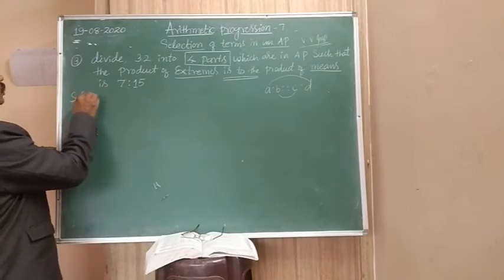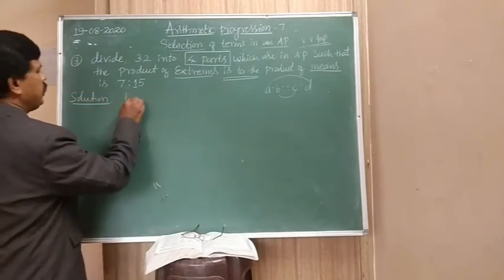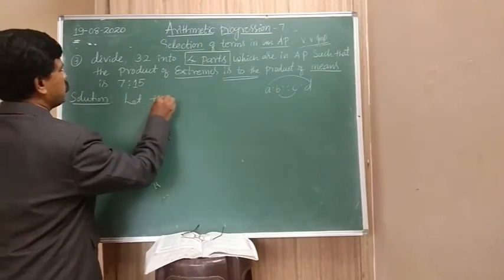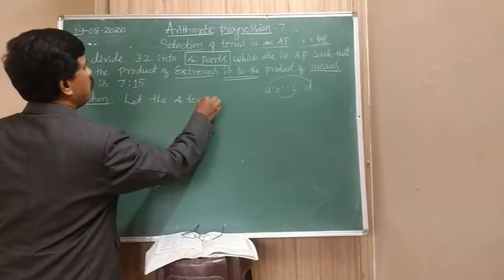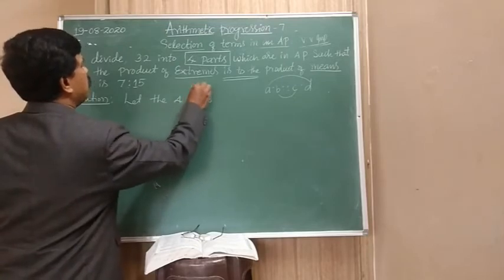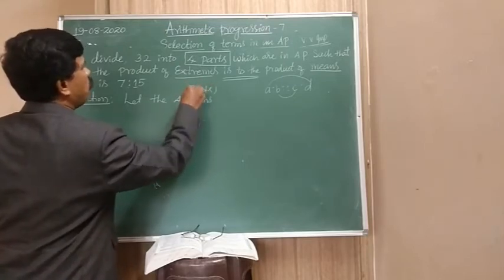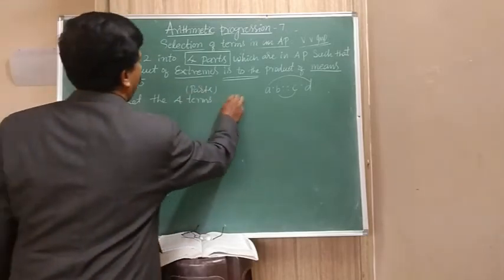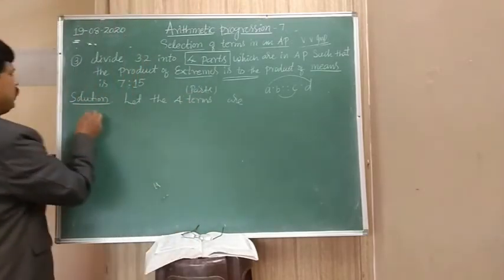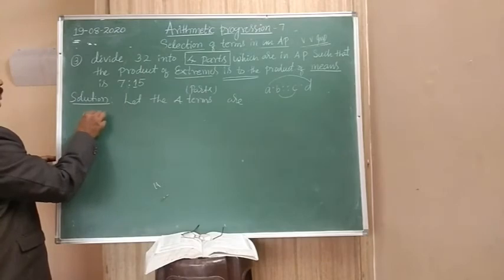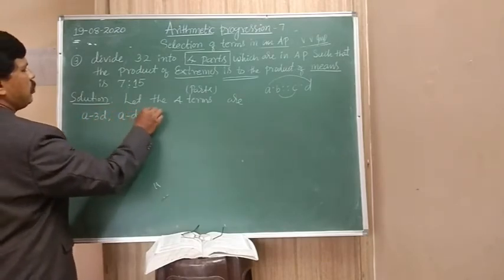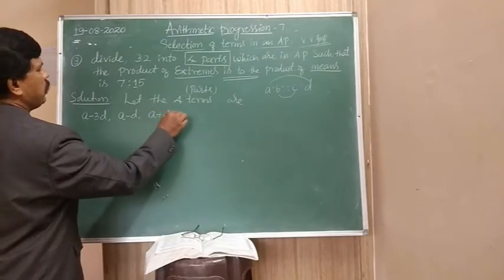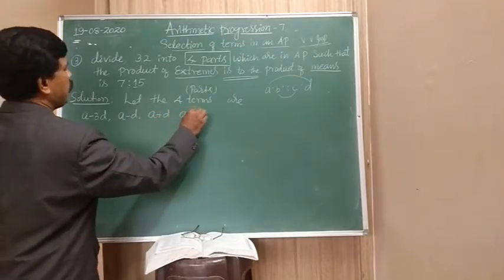So solution, let the 4 terms or 4 parts be like this: A minus 3D, comma, A minus D, comma, A plus D, comma, A plus 3D.